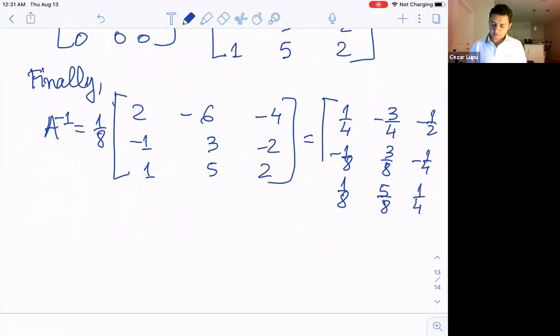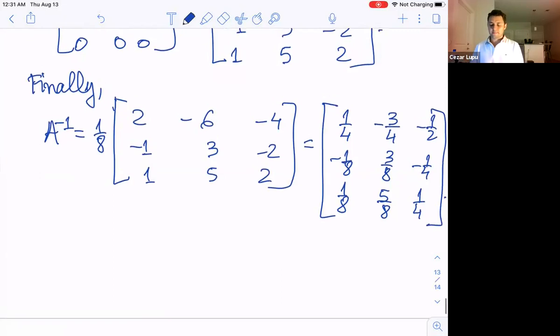That's the inverse matrix of A. And that's it. That's problem number 3. As you have seen, 3 different solutions for this. Now let's move to problem number 4 quickly.